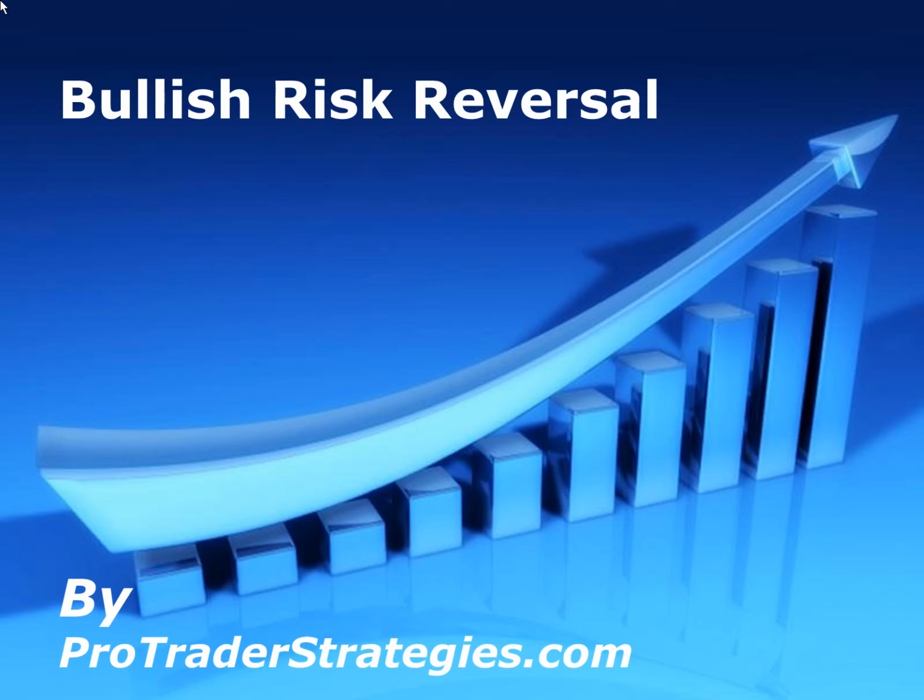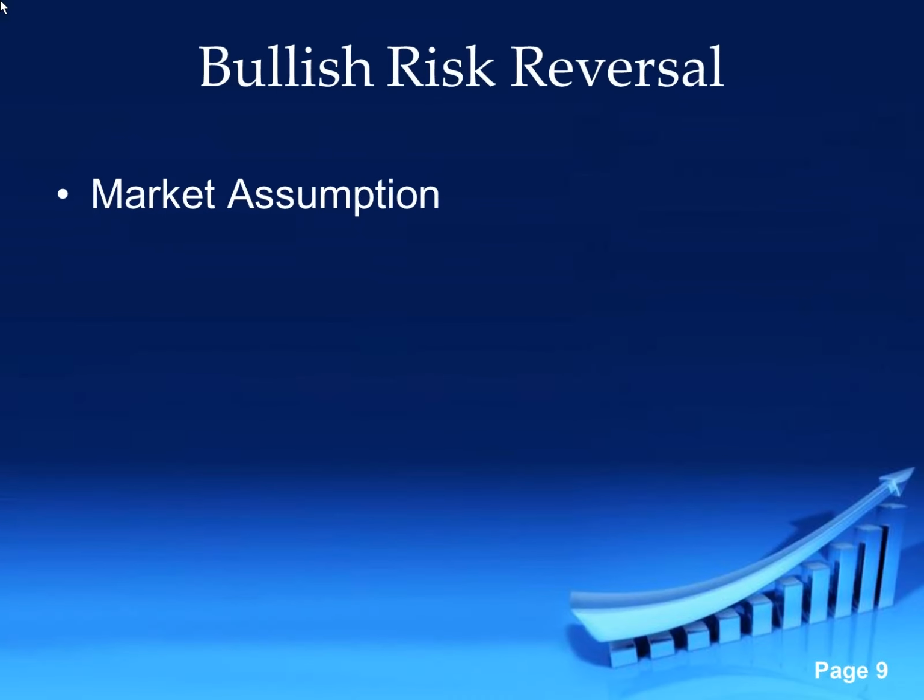All right, this is on the bullish risk reversal, and something to note with that, we need to come up with a market assumption, right? Well, I kind of gave it away with the bullish risk reversal, but the risk reversal sounds weird. The reason they call it a risk reversal is that, generally speaking, a risk reversal, quote unquote, is for the downside, but you can build this for a bullish upside. And we want to have a bullish assumption, but you can get away with a neutral assumption.